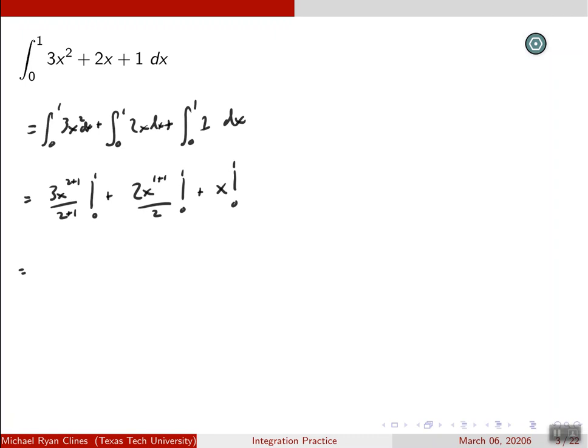And if you'll remember, we're usually supposed to have constants when we do indefinite integration. However, since we're using the fundamental theorem, we take the difference at the endpoints. The constants will cancel out. So here we don't have to worry about the constants. So that's kind of nice. And now I'm going to simplify this a little more.